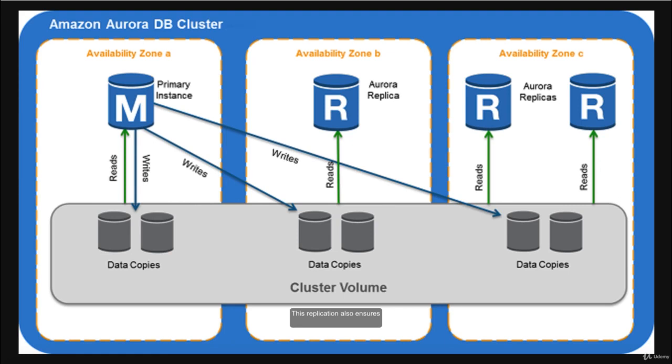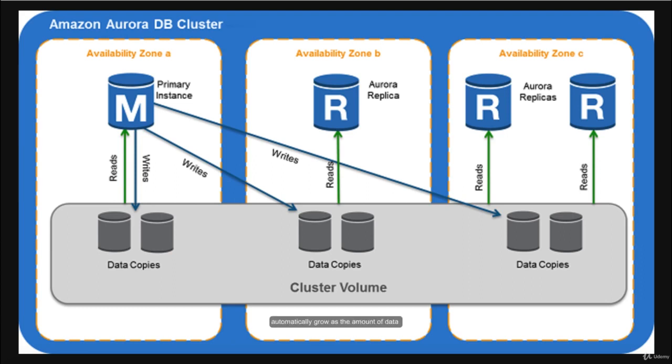This replication also ensures that your database is more available during a failover, because the data copies already exist in the other availability zones and continue to serve data requests to the DB instance in your DB cluster. So Aurora storage is fault-tolerant and self-healing.